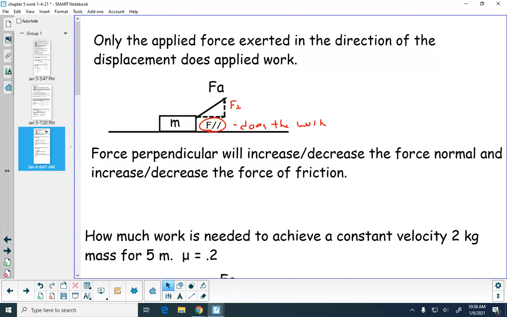So the force that's going upwards is once again just decreasing the force of friction. Or if I'm pushing downwards on this object, then I'm going to increase my force of friction. But only the force that's going horizontally does the work. The perpendicular force decreases your force of friction, which will also help you in moving an object.